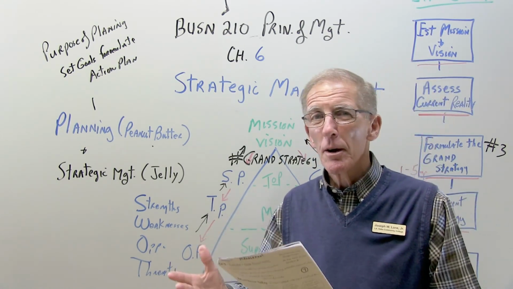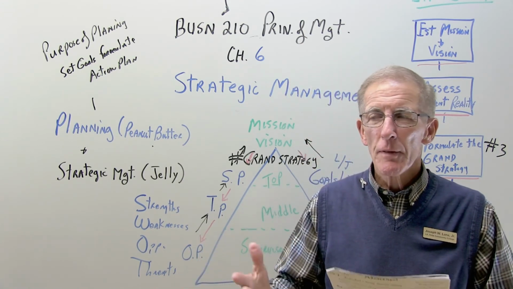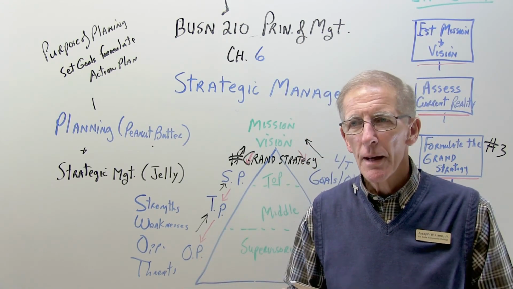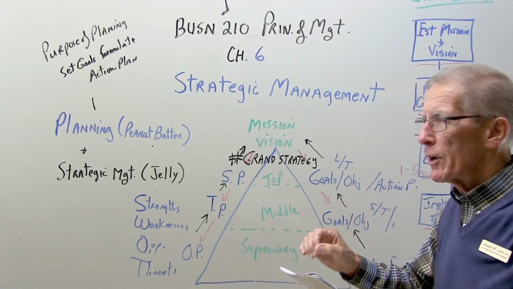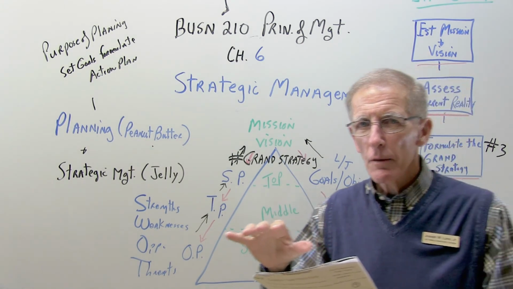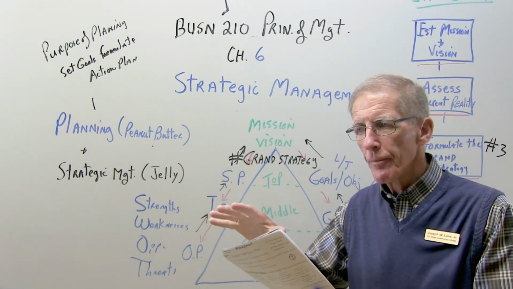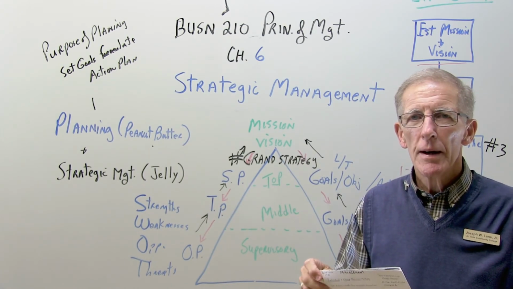If that product becomes obsolete, especially if you're in the technology area. A single product strategy is a very focused strategy, but you're vulnerable, because if your product all of a sudden is no longer what the customer wants, it can be a problem.